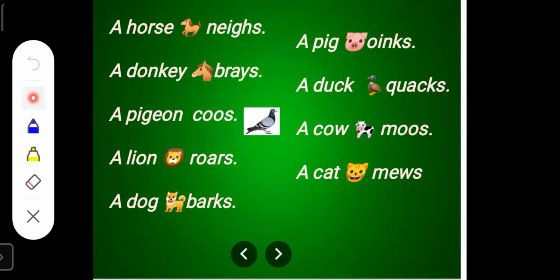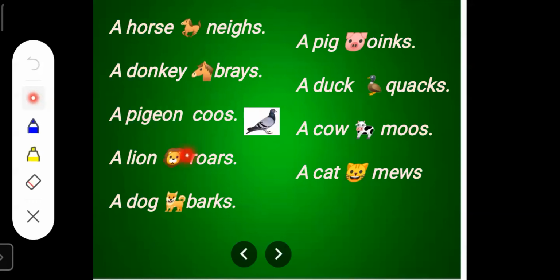A donkey brays. The sound made by a donkey is called bray. So we say a donkey brays. Then a pigeon coos. The sound made by a pigeon is called coo. So when a pigeon makes a sound, we say a pigeon coos.